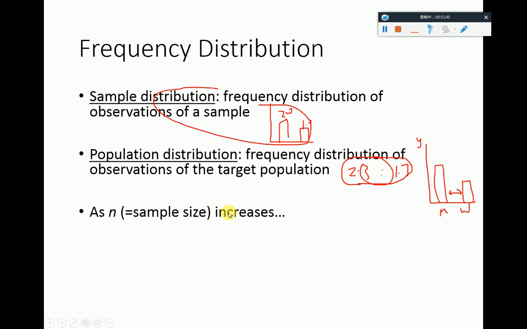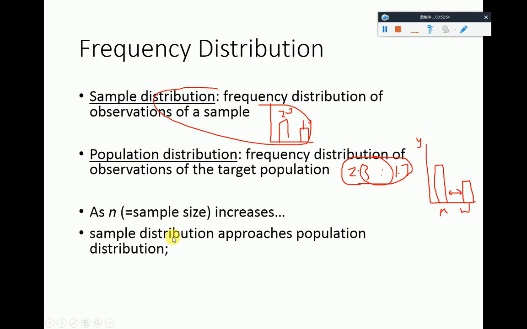A very intuitive property is that as the sample size increases, the sample distribution almost always will approach the population distribution. That is, it will become more and more similar.